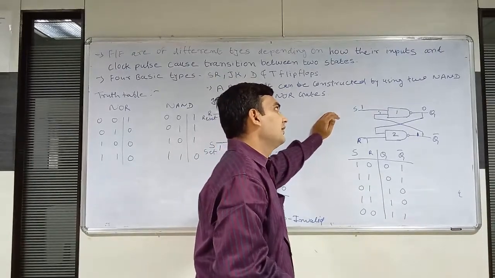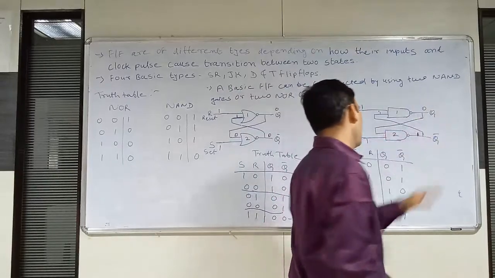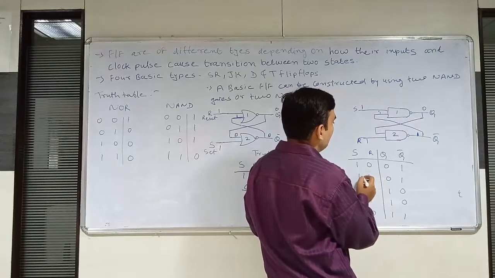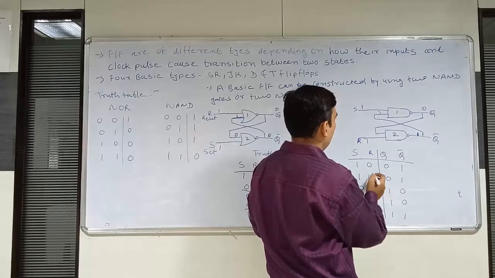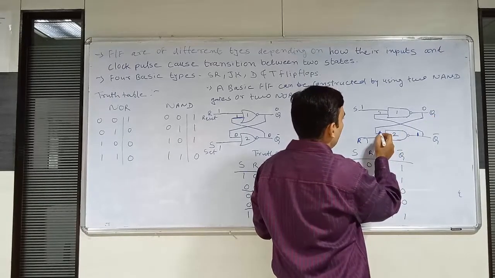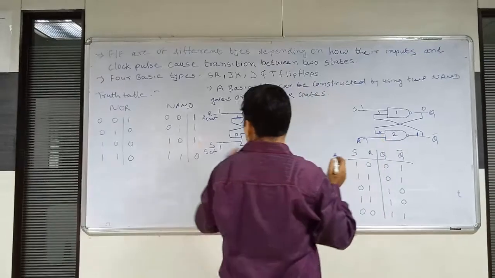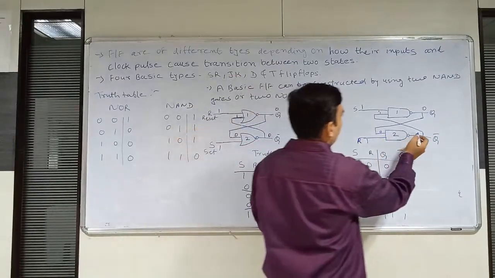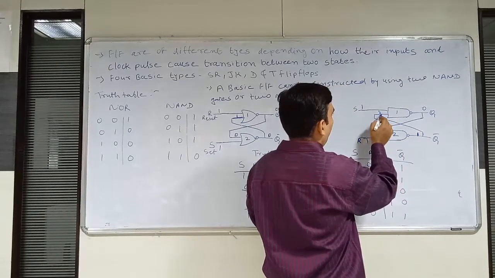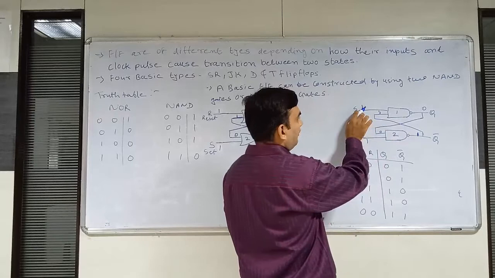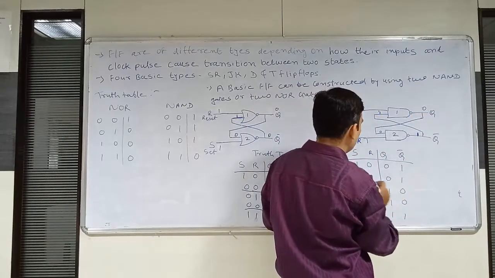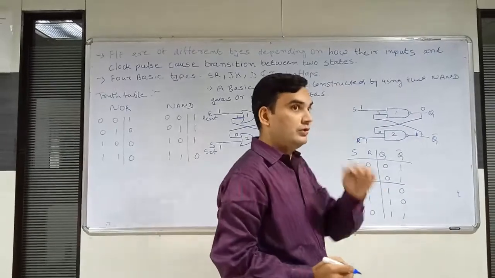So we can consider the previous state of Q. So from the previous state Q is equal to 0, we got here 0 and 1, 1 will come here. And this one will come here. Again S is equal to 1 we have already set. So this one and this one will be equal to 0 here. So there is no change in our output of Q and Q bar.